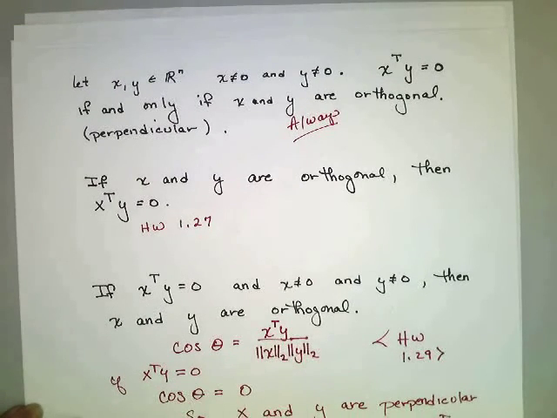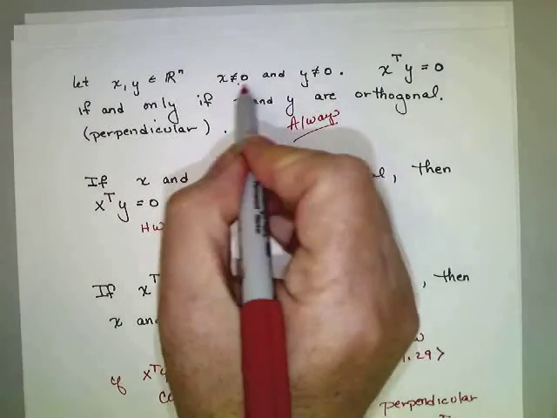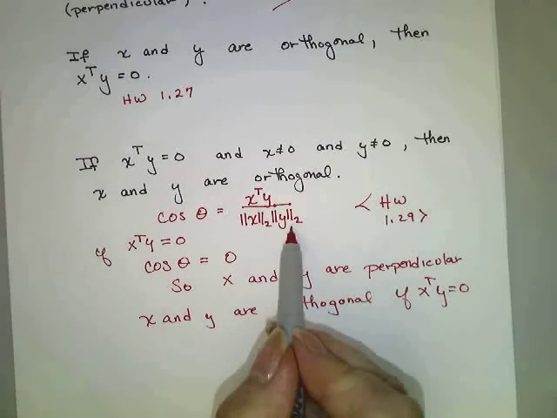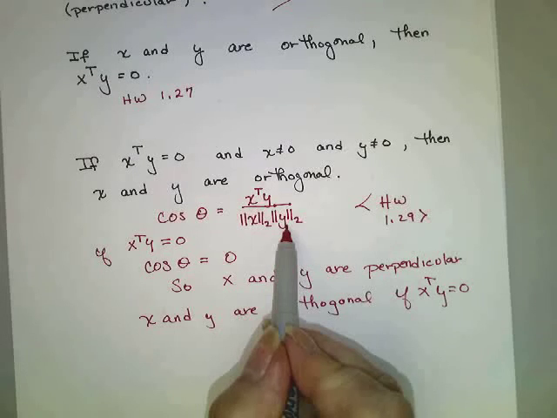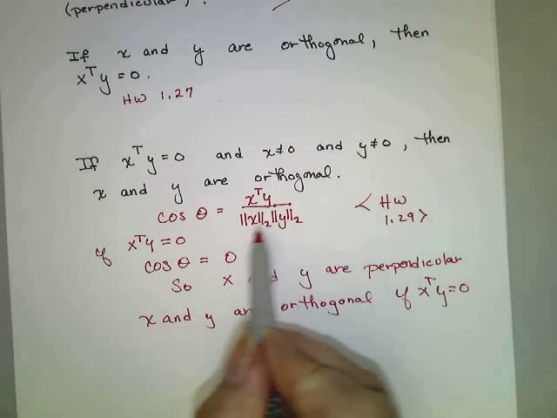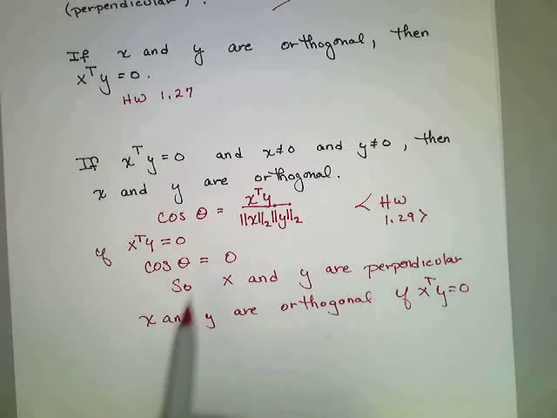There's one other thing, though, this piece about them both being non-zero. Well, we needed it even to make sense of our formula here, because if one of them was 0, then we would be dividing by 0, since the length of the zero vector is 0, so it wouldn't make any sense.